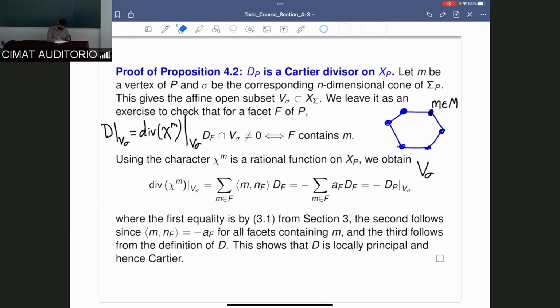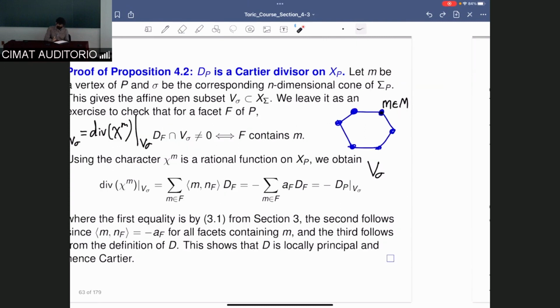Anyway, that gives you the idea of how this proof works. We have a cover of the variety by the open affines associated to the vertices, and in each of those, the divisor D sub P comes simply from div of the corresponding function chi to the m.